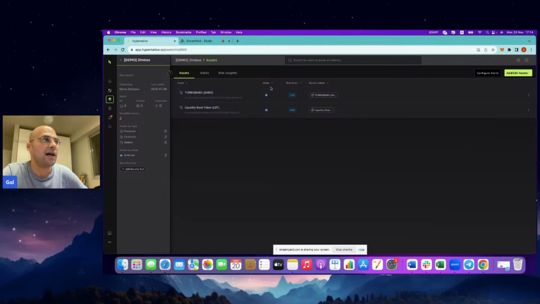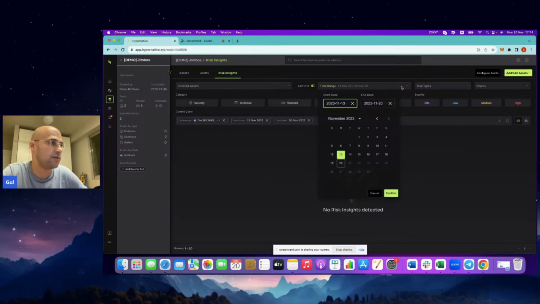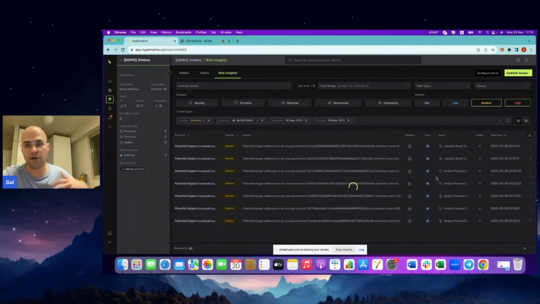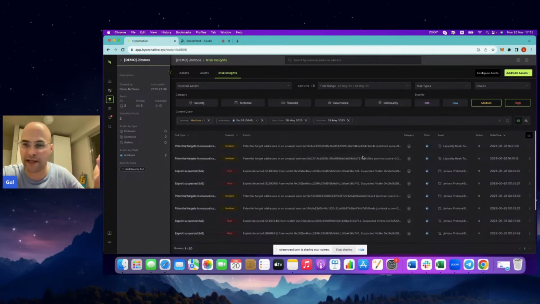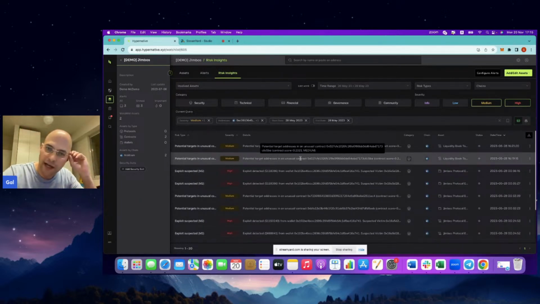Now, after you've added everything, you start getting what we call risk insights, where risk insights are a real-time deduction of risk that the system finds out in real time based on on-chain data, and we also collect mempool data.